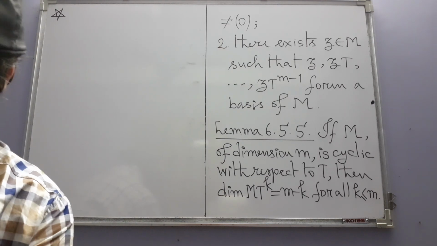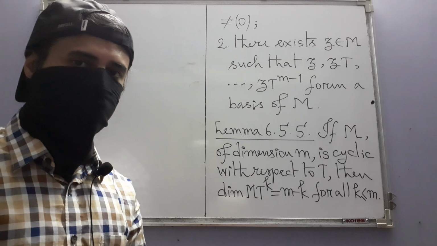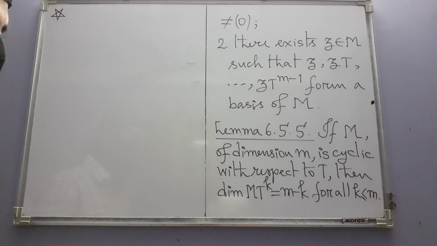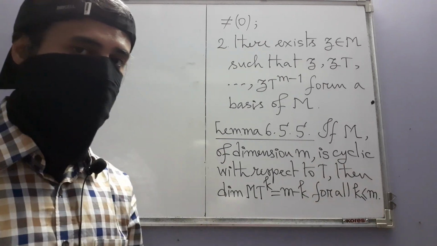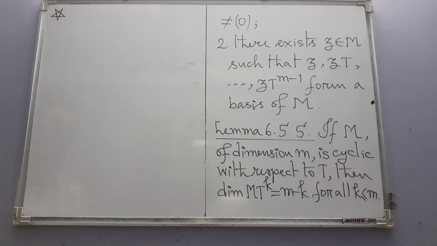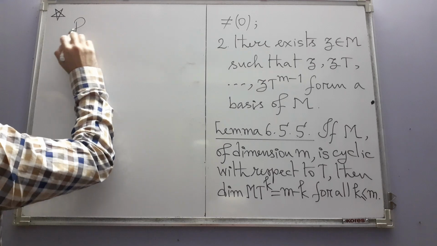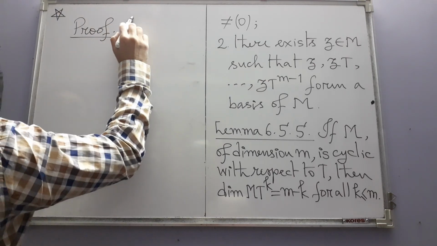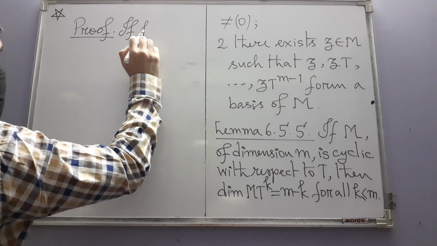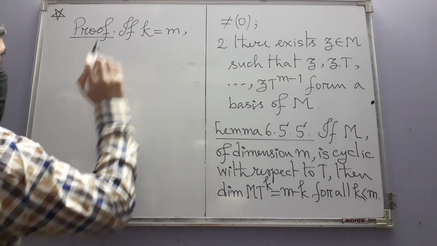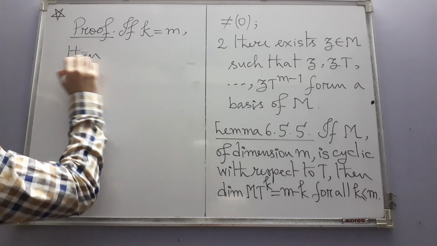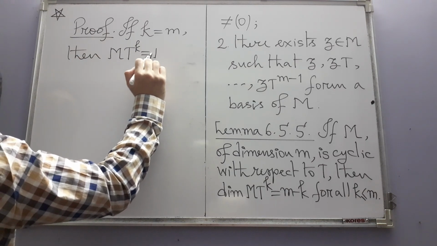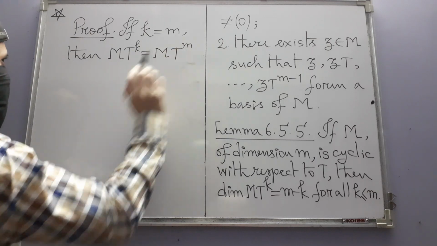In the proof, in the beginning itself, we will handle one trivial case, namely the case where k is equal to m. If k is equal to m, then M T to the power k is just M T to the power m.